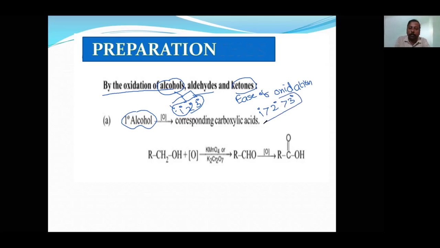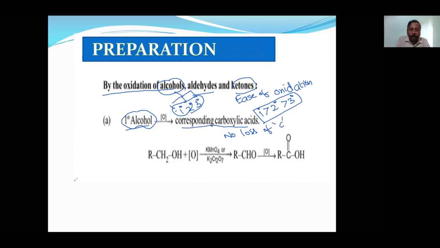So when you want to select an alcohol for oxidation, the best alcohol is 1 degree alcohol, giving the corresponding carboxylic acid. Why do we prefer that? No loss of carbon. If the alcohol contains 5 carbons, then you will get pentanoic acid.